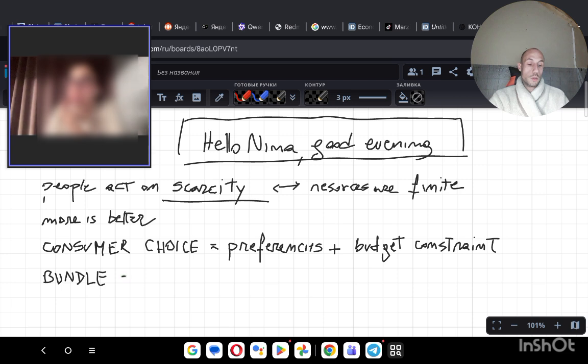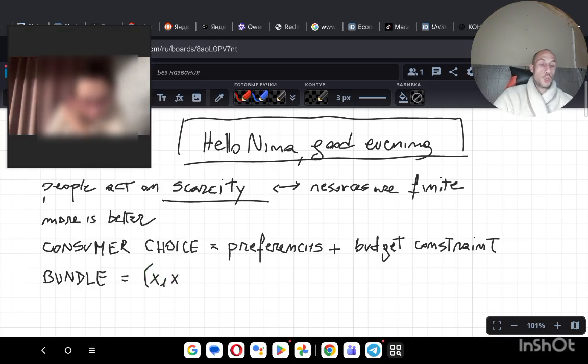And this I can put on a graph, all that I want, in what is called the 2 goods scenario.